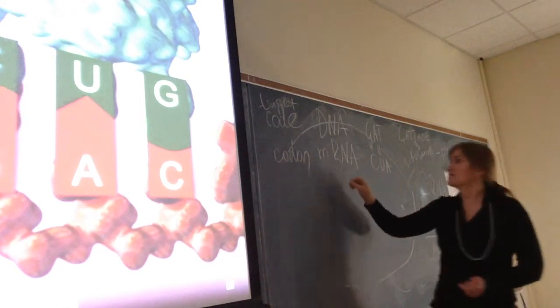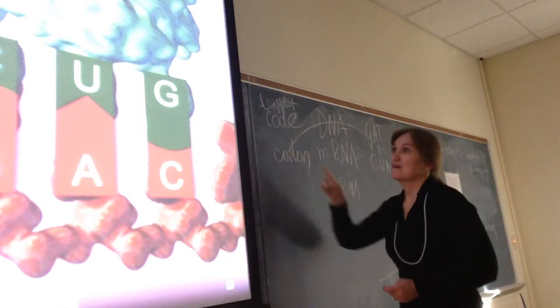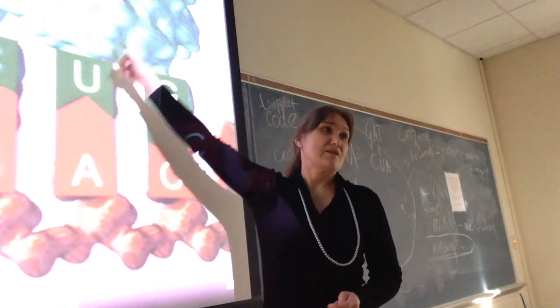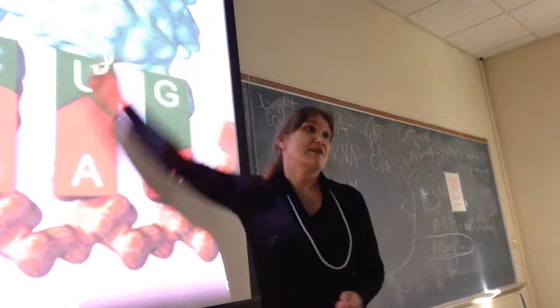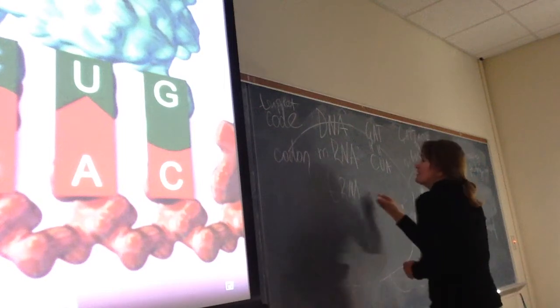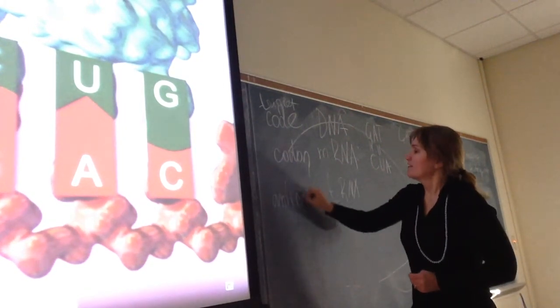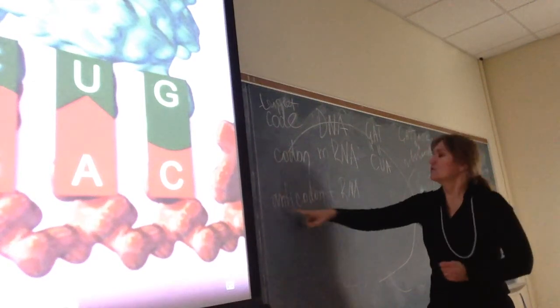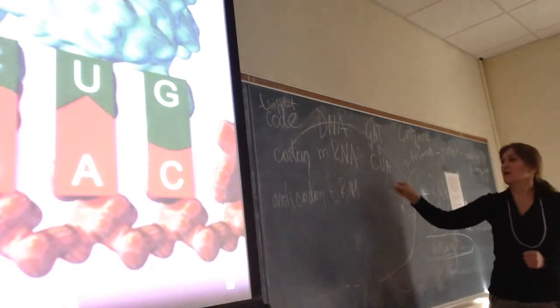Okay. And then in tRNA, this is a license plate. Remember that there's a highly specific amino acid on the other end of tRNA. That is called an anticodon. If you are talking about an anticodon, you're talking about tRNA.